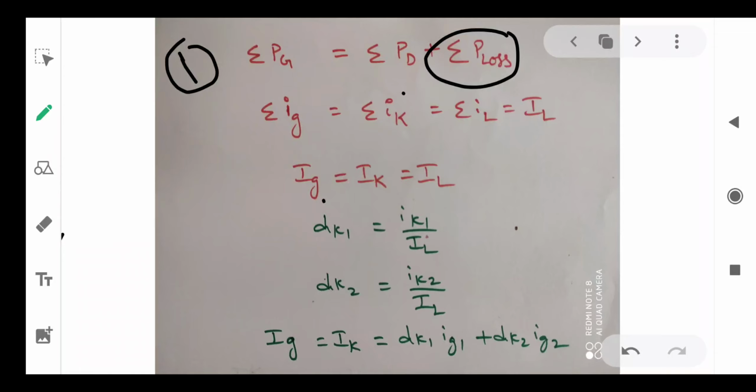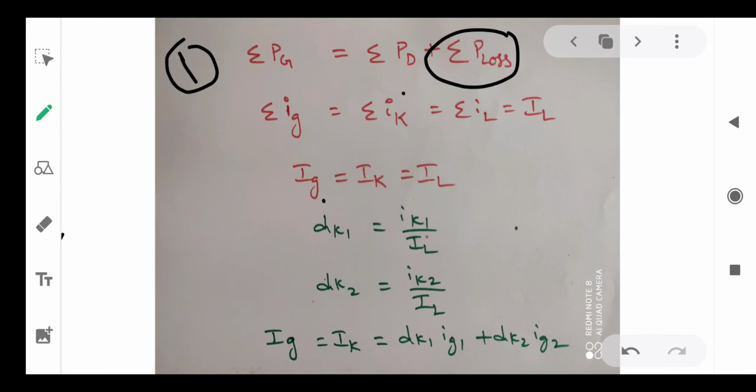Instead of using Ik1 and Ik2, I will use Ig1 and Ig2 by multiplying with distribution factors. Ik is equal to Ig. So Ik1 is equal to Dk1 into IL, and Ik2 is equal to Dk2 into IL.